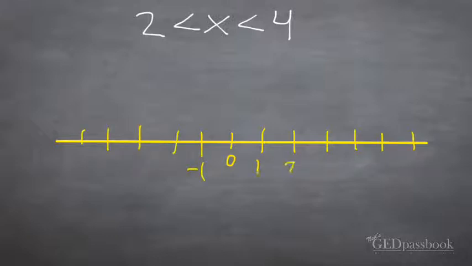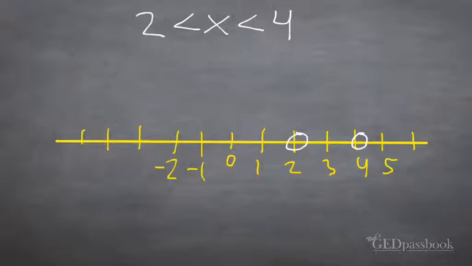Negative 1, 1, 2, 3, 4, 5. I don't think I need the negative side. Where do I put the first point? Open or closed? Open. Where do I put my second point? 4, and it's open, right?